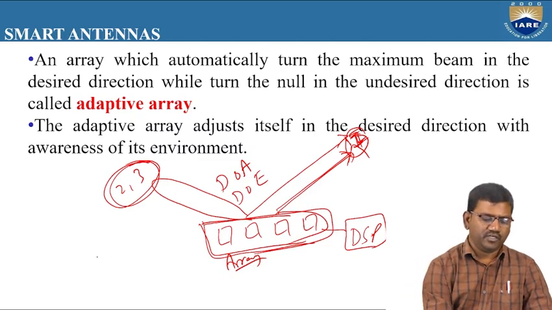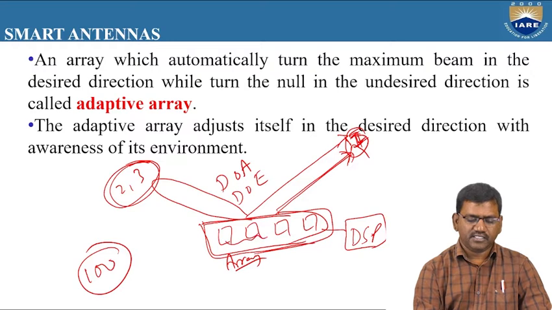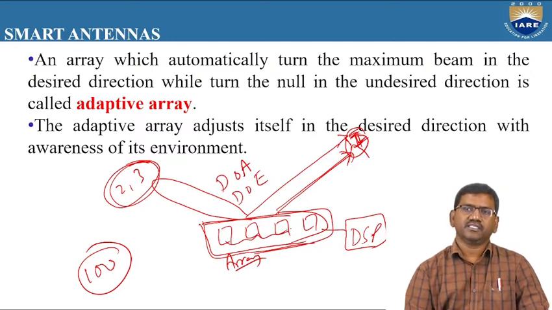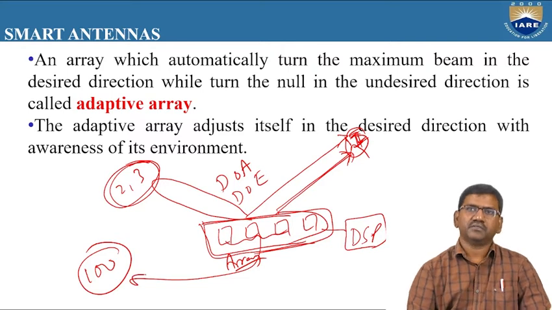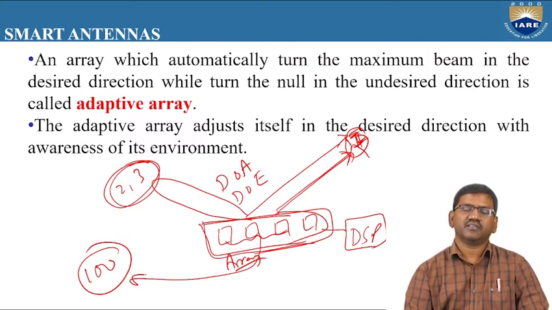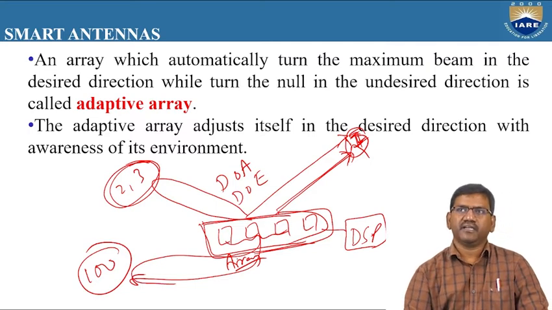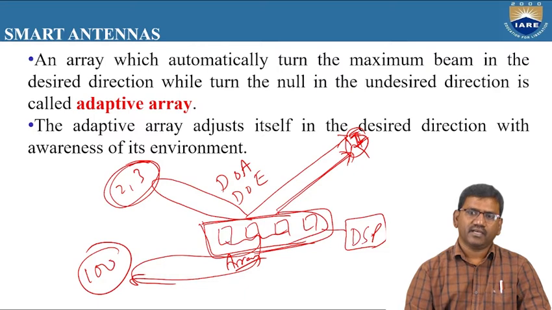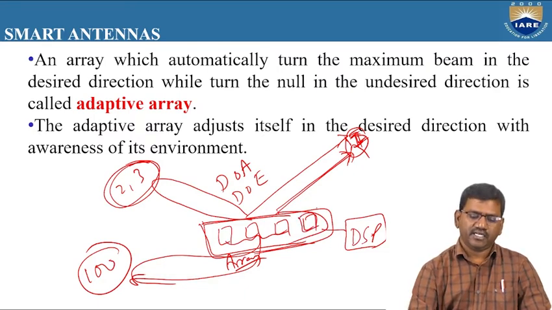That means if there are more users here, suppose there are 100 users here, then automatically these three elements inside the array transmit the signal, the complete radiation beam, to these 100 users. And the remaining element of the smart antenna system will direct a small beam to the user one.